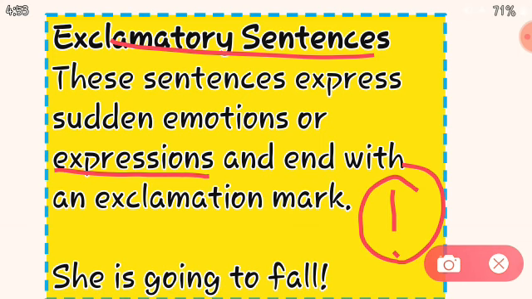She is going to fall may be a declarative sentence also if it ends in a full stop. As it has been ended in an exclamation mark, it is an exclamatory sentence. Clearly we can say that the sentence which ends in an exclamation mark is called an exclamatory sentence. These sentences express sudden feelings of joy or sorrow.